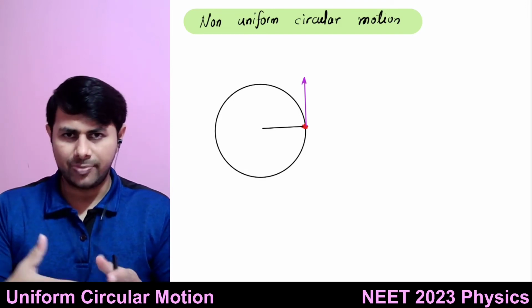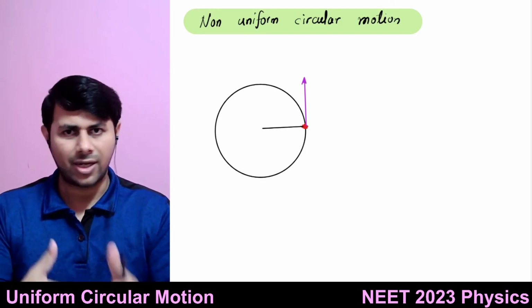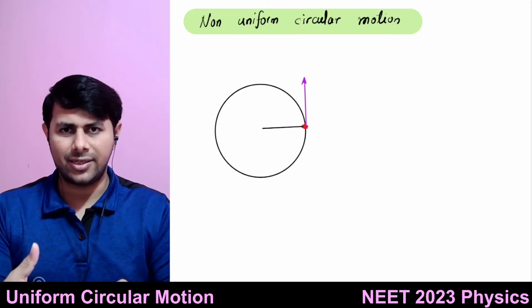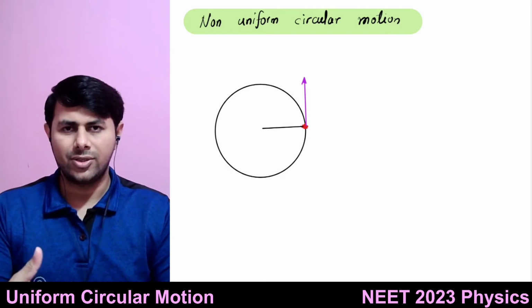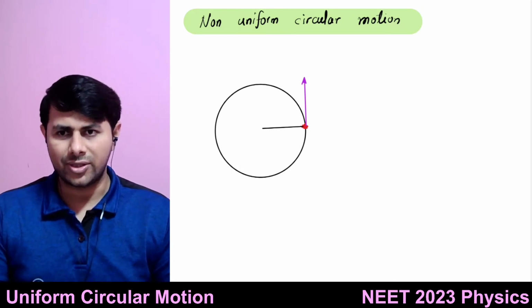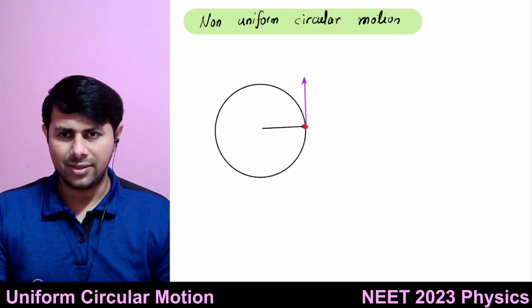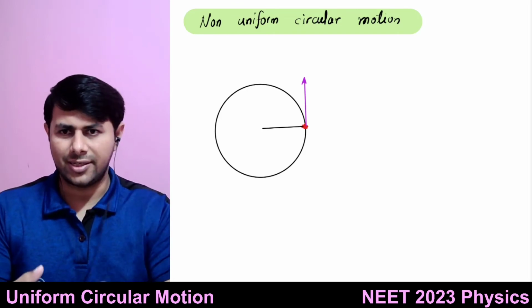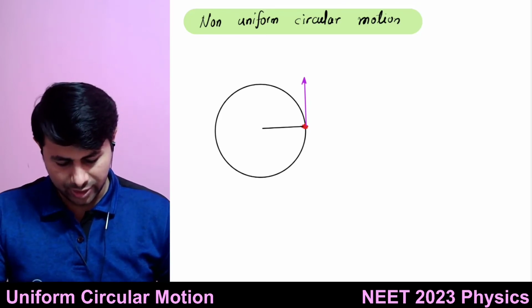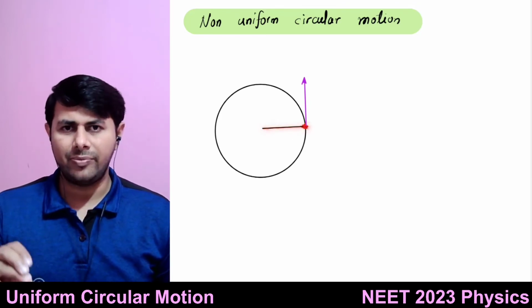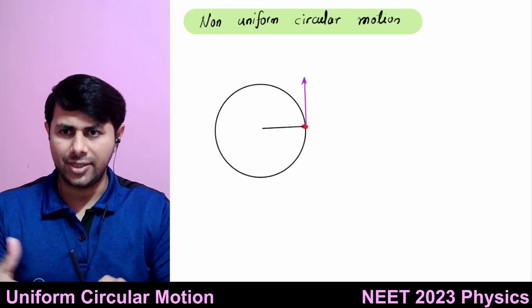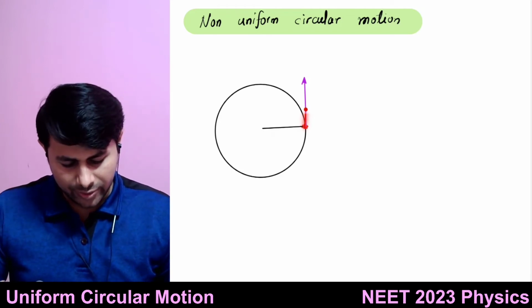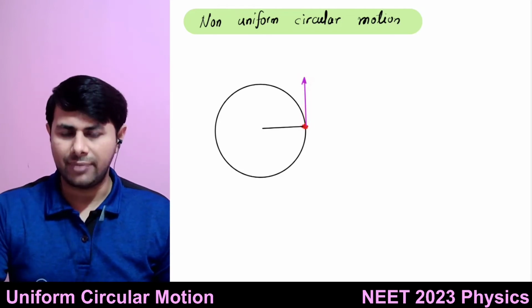So the initial velocity is also along the tangent, and you accelerated. You didn't move much, so your final velocity is also along the tangent. At a particular moment you are accelerating, so the initial velocity is tangential to this point, and within a fraction of a second you accelerate your scooty or bike, so the final velocity is also in the same direction.